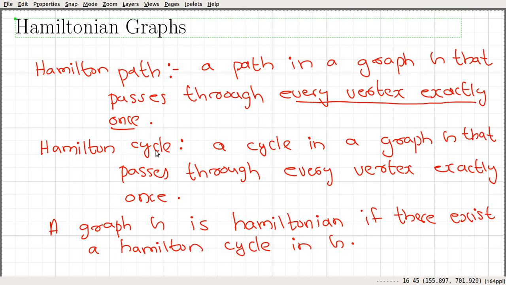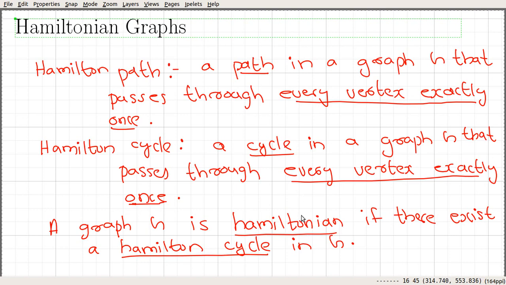And a Hamilton cycle is a cycle in a graph that passes through every vertex exactly once. And a graph G is said to be Hamiltonian if there exists a Hamilton cycle in G.